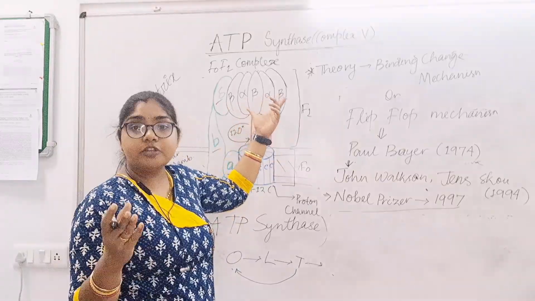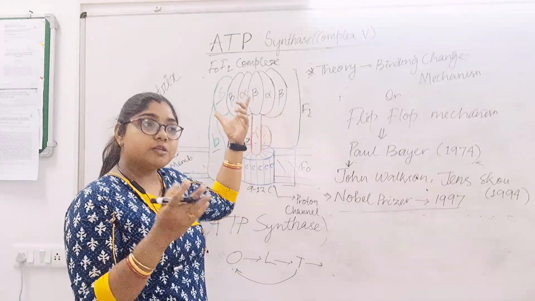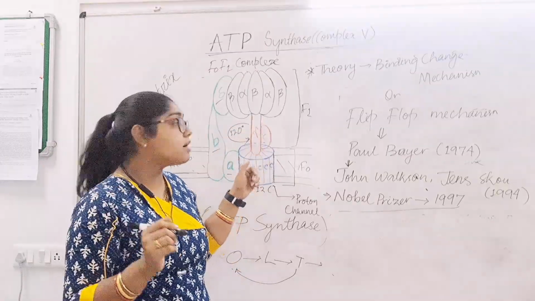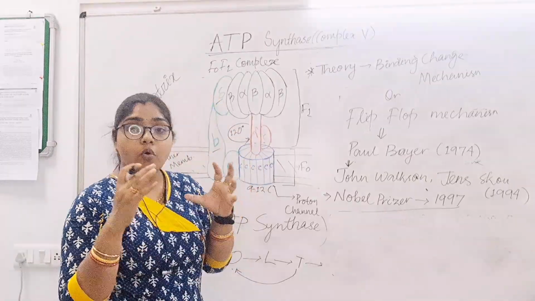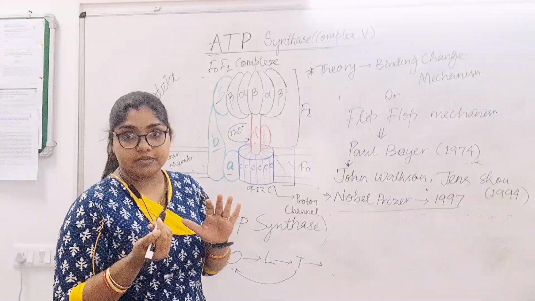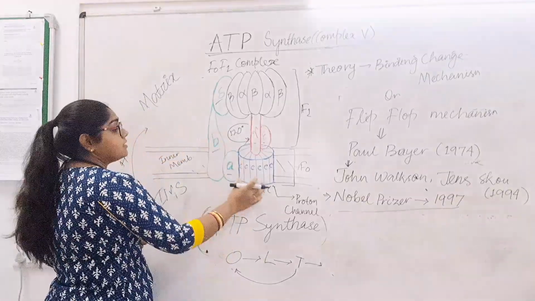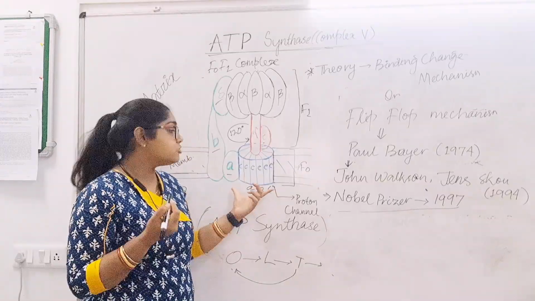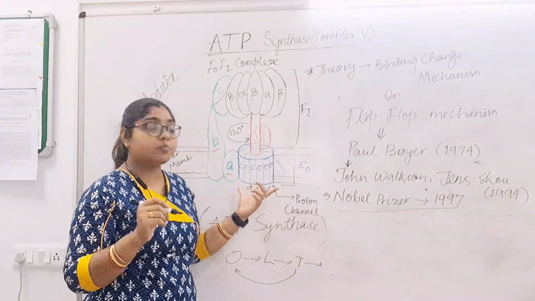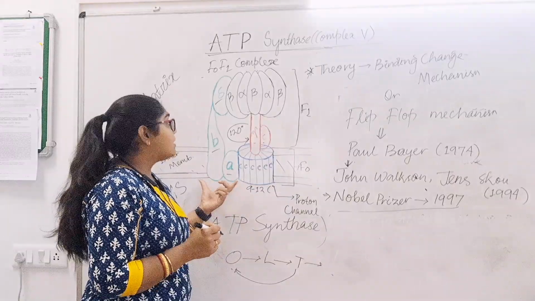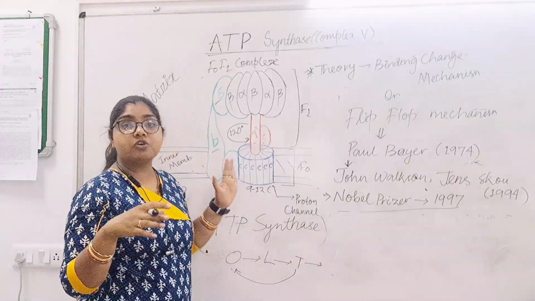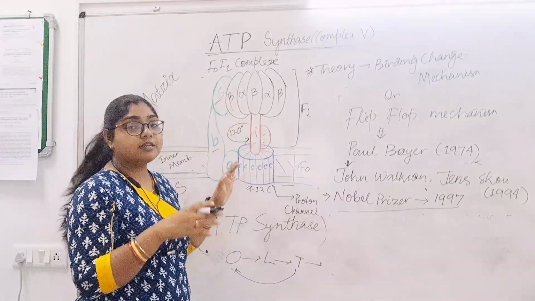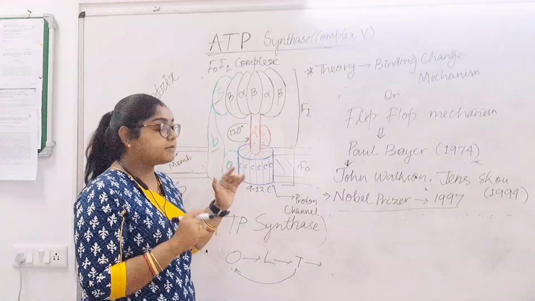Three alpha and three beta form a hexameric ring, which is the main site of ATP synthesis. Gamma and epsilon form the central stalk, and the delta holds the hexameric ring. The F naught part has 9 to 12 C subunits, which form a ring-like structure that acts as a proton channel or proton pump, and has A and B, which form an arc-like structure to connect to the delta of F1 and connect the F1 and F naught parts.